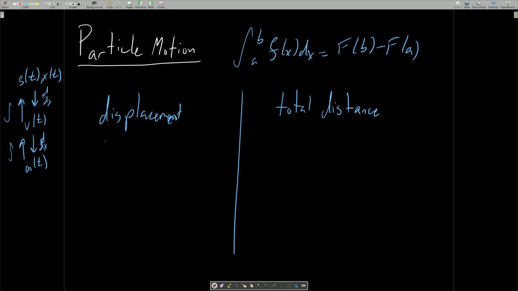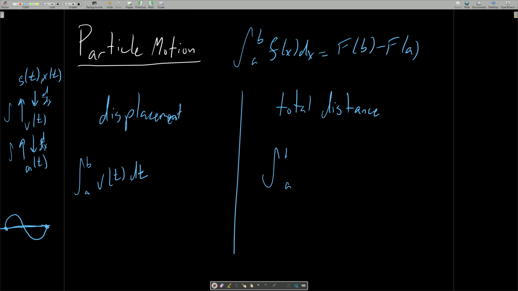It doesn't take into account anything that's happened along the way. So if you have a velocity graph like this, you start at 0, you end at 0, so your displacement is 0. Right, so the displacement would be the integral of just velocity.